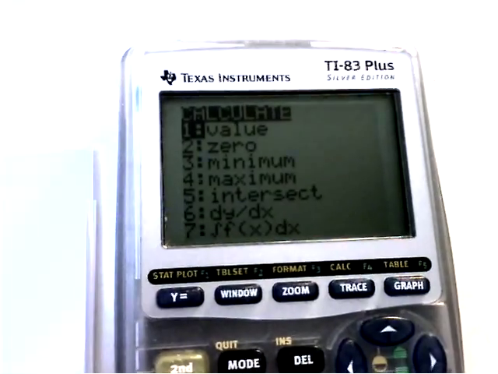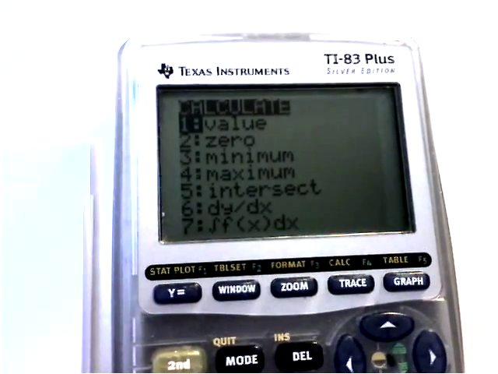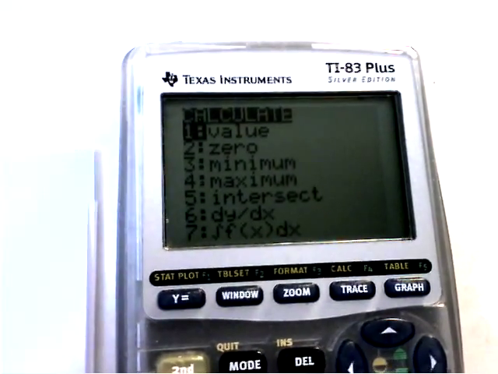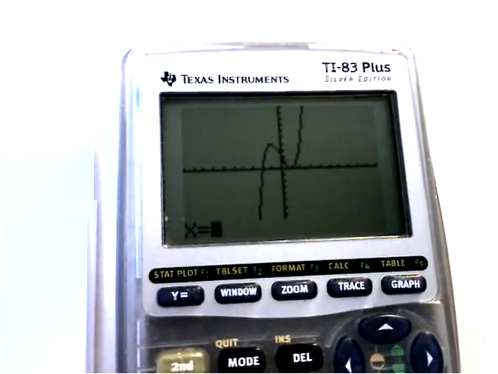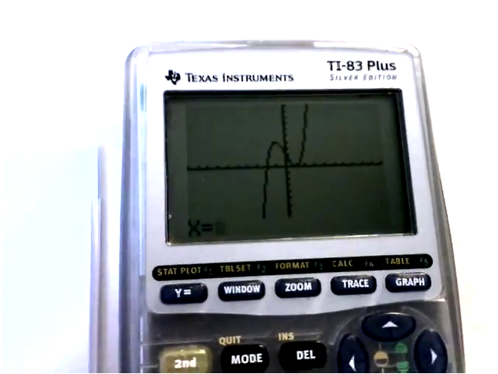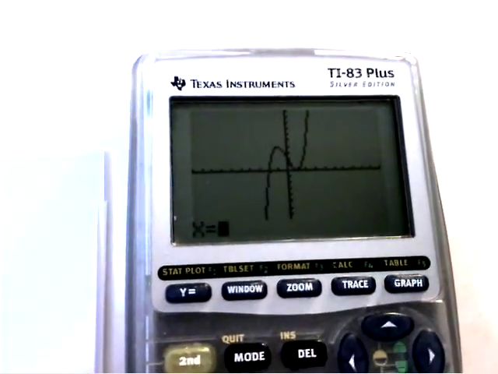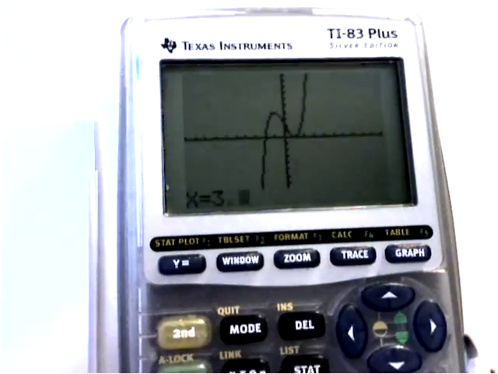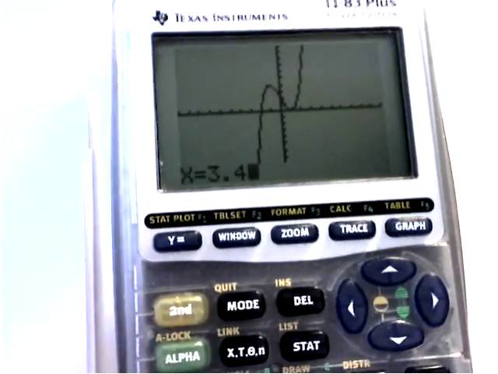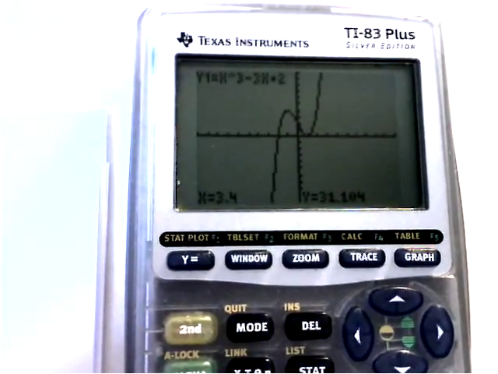And from that you want to select number 1, which is the value, because we're trying to find the value of that function at x is equal to 3.4. So once you press number 1 for value, you should get x equals with a blinking cursor, and then you'll type in 3.4 and then hit enter.